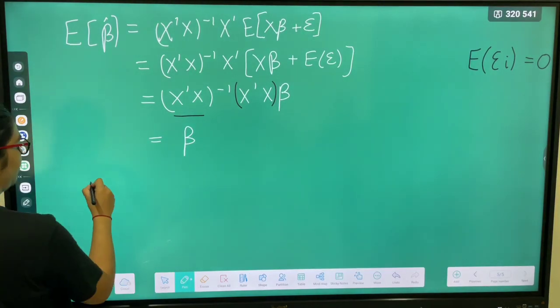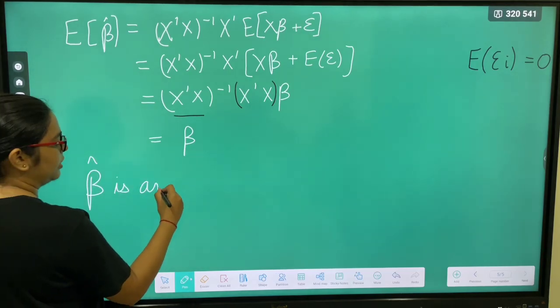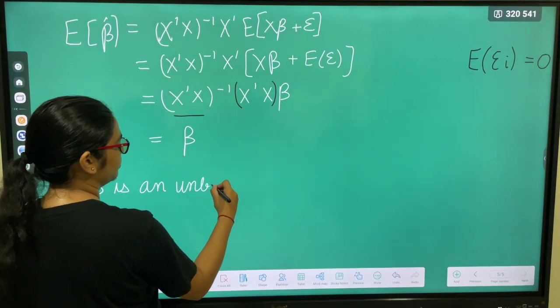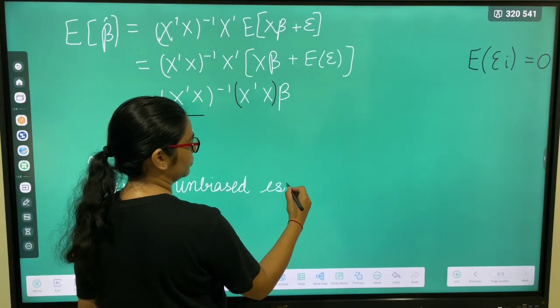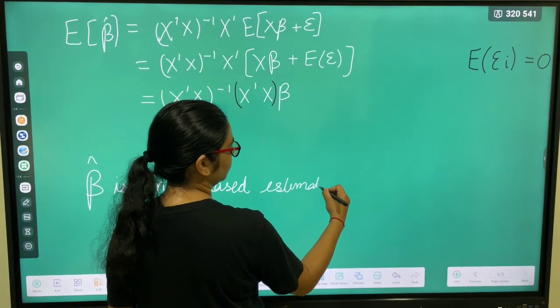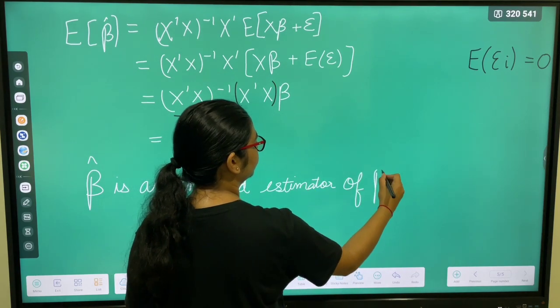And hence we can say that beta cap is an unbiased estimator of beta.